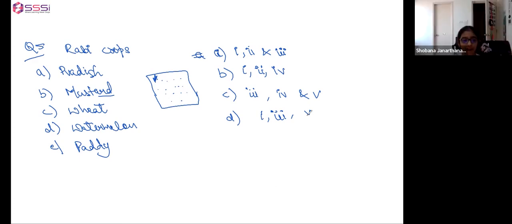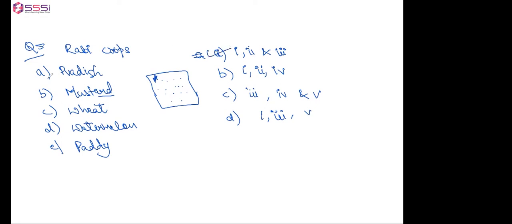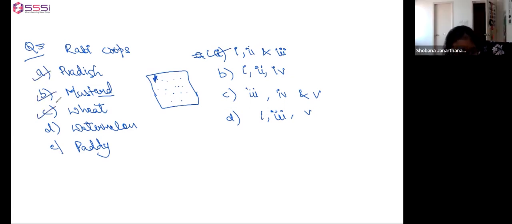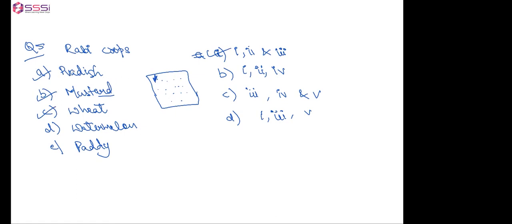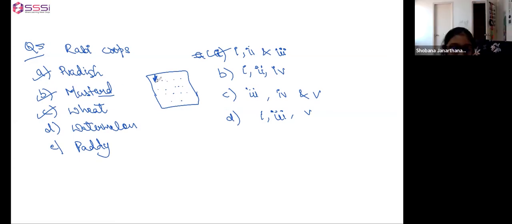So, ma'am, mustard, wheat, and paddy. The correct answer is A. It's radish, mustard, and wheat. Radish? Radish, not paddy.